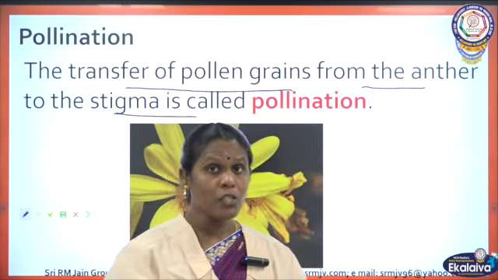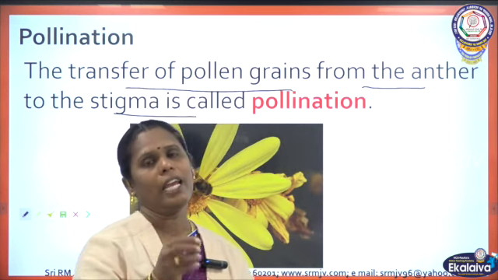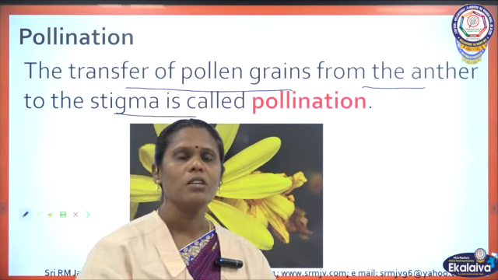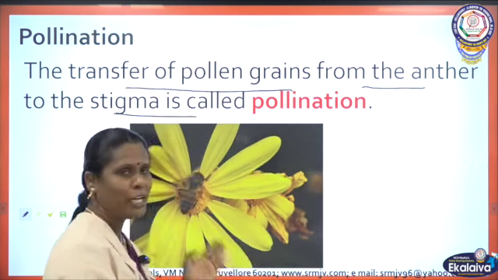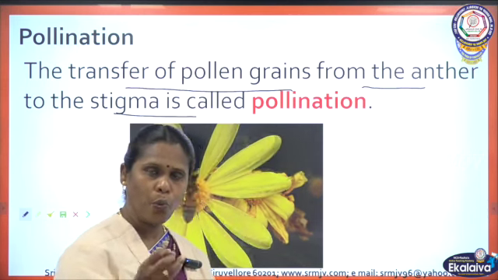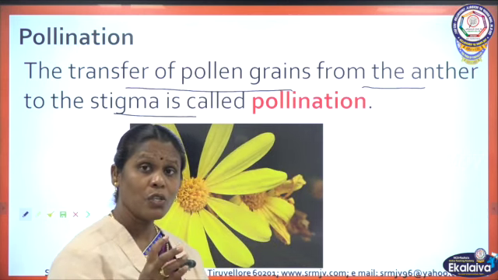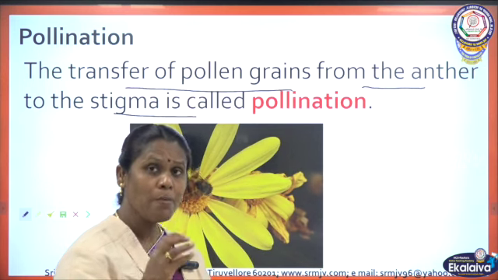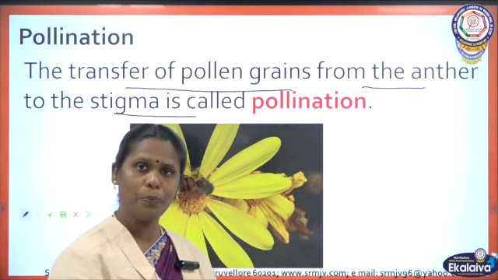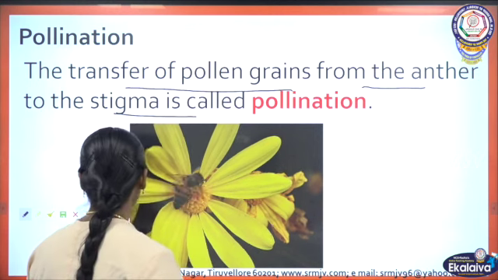It depends on some biotic and abiotic factors such as insects, butterflies, honeybees, wind, water. These are the agents that help the pollination process.